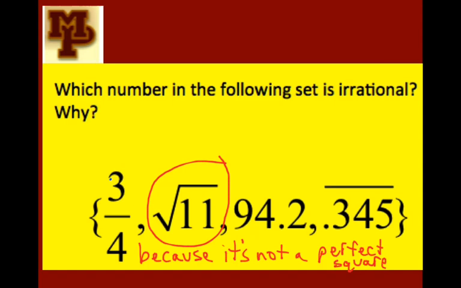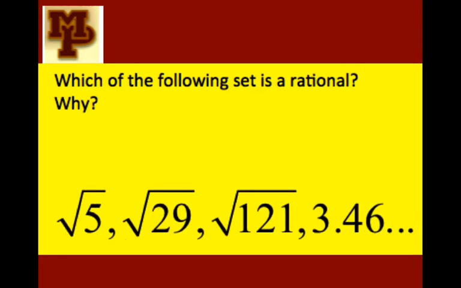And then which one of these is rational? The one that you can actually take the square root of, so the square root of 121 equals 11, so this is the one that's rational. These others aren't perfect squares, these first two here. And then 3.46 dot dot dot, it's really unclear whether that pattern continues. You would have to have a bar over something for you to know that the pattern continues.